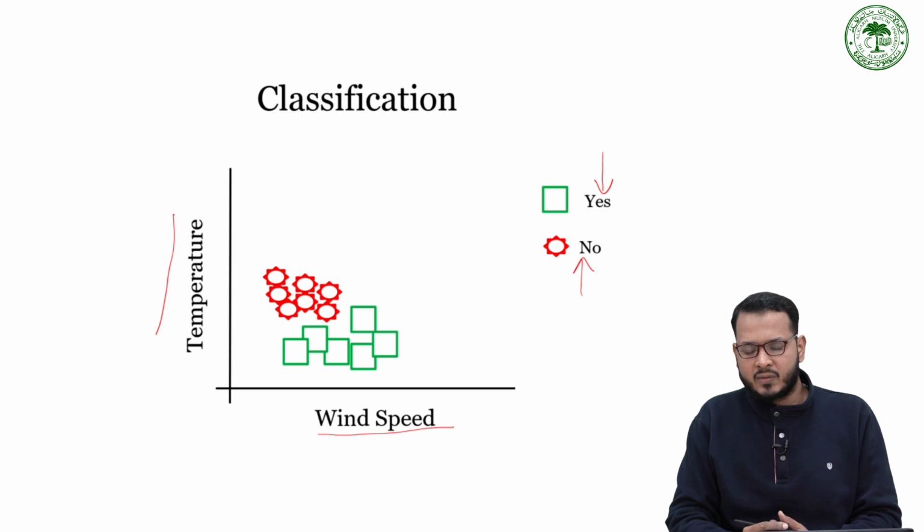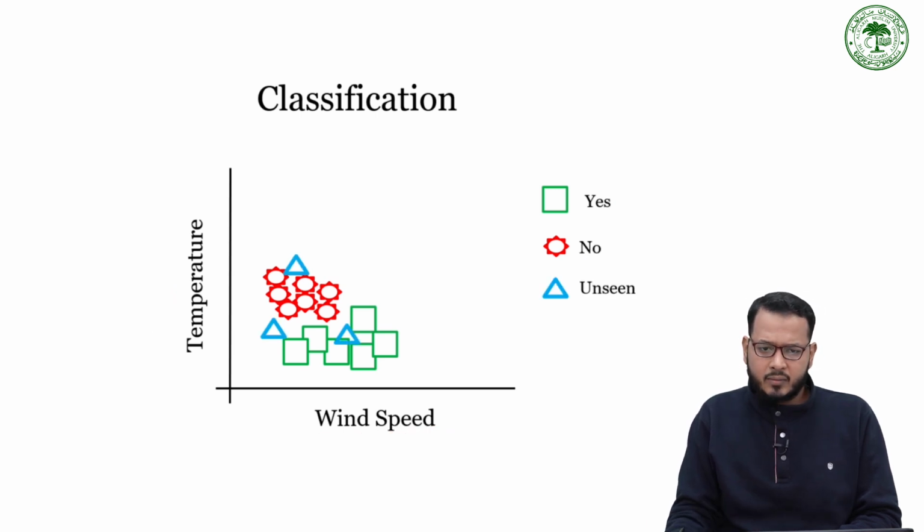If this scenario is given to us and if we plot it like this, now let's say that there are a few unseen examples shown here as the blue triangles. The problem statement here is that given the already known data set, what is the class of these three triangles now? Whether they belong to the red colored nos or they are the green yes examples.